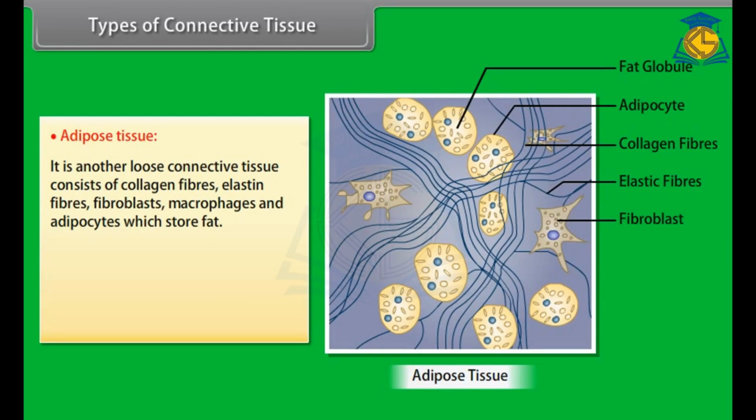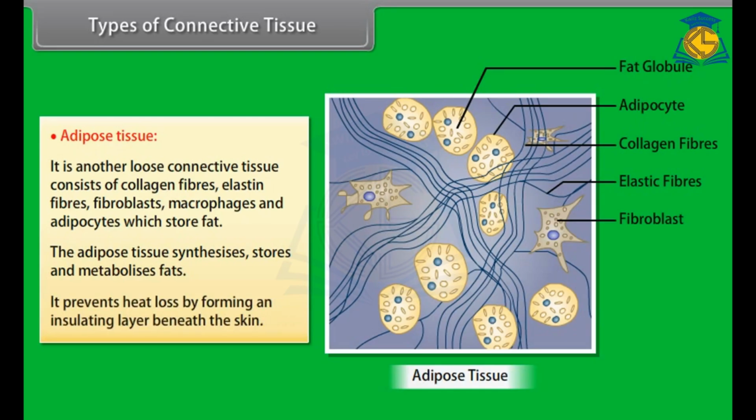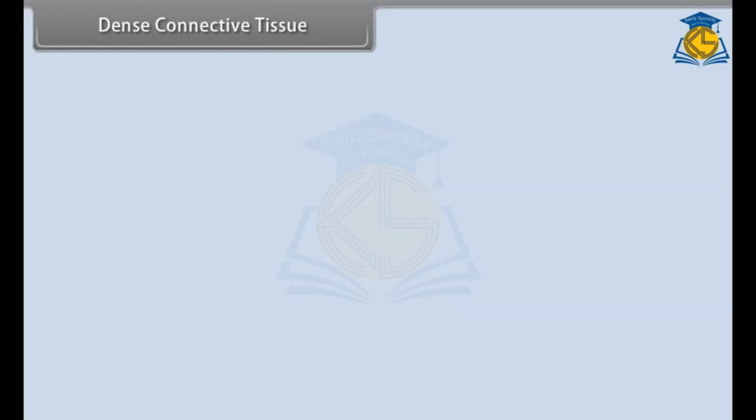It is another loose connective tissue, consisting of collagen fibers, elastin fibers, fibroblasts, macrophages, and adipocytes which store fat. The adipose tissue synthesizes, stores, and metabolizes fats. It prevents heat loss by forming an insulating layer.